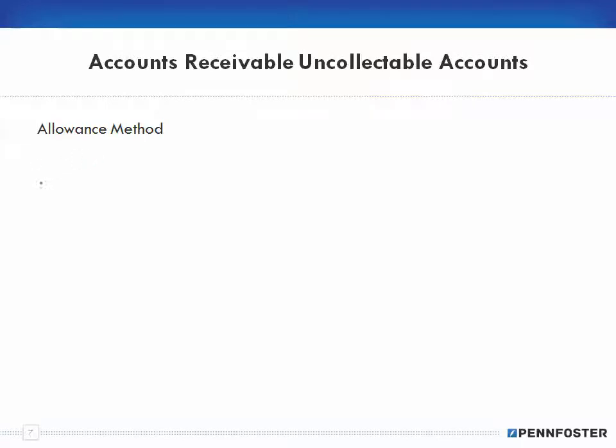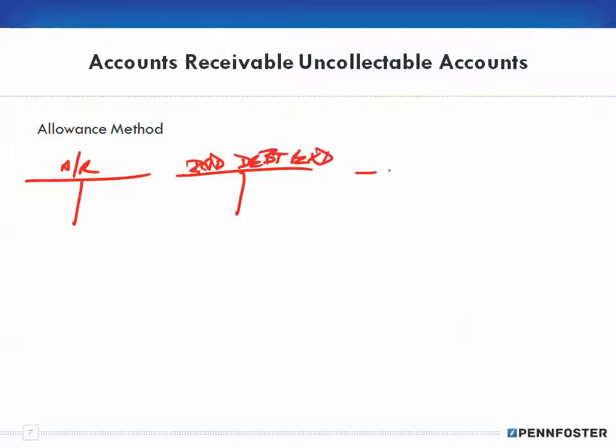Now, the allowance method will use the accounts receivable account also, and it'll use the bad debt expense account. But instead of just using those two as the direct write-off method does, we add another ledger account, which is allowance for doubtful accounts, or it could be allowance for uncollectible accounts.